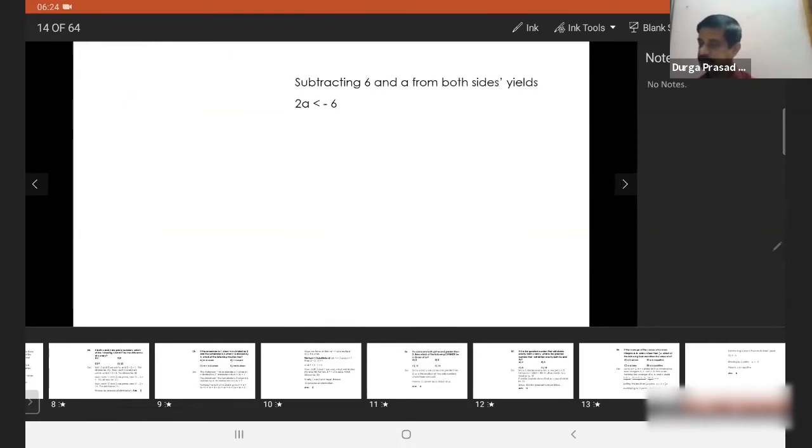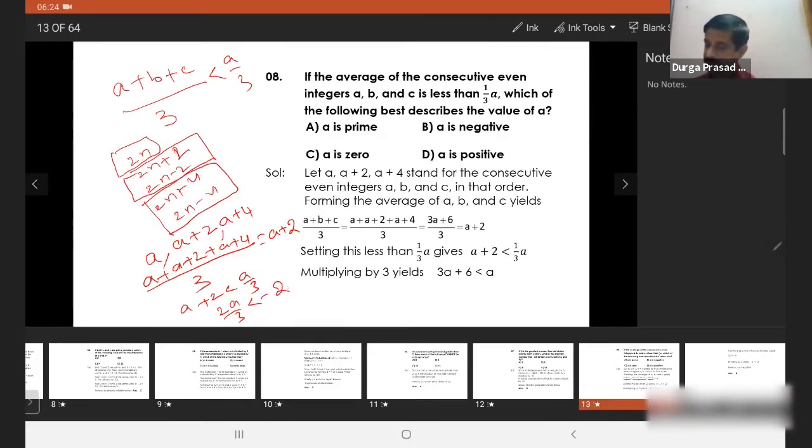So that means which option do you see? a is negative, you are getting the same. So the final answer should be a is negative, right, children? So please note this quickly. a is less than 0, so a is negative, which is option B. Please note it fast, quick.